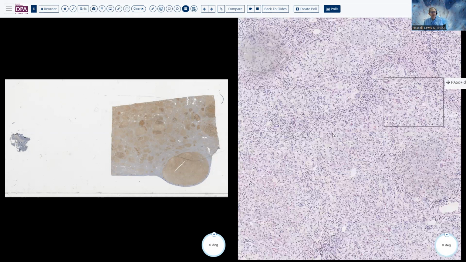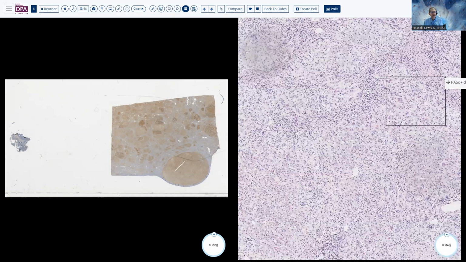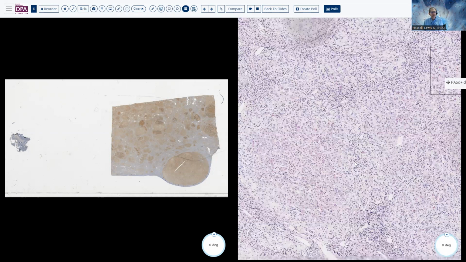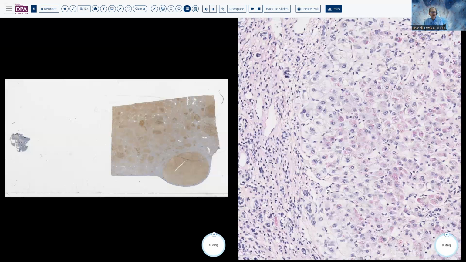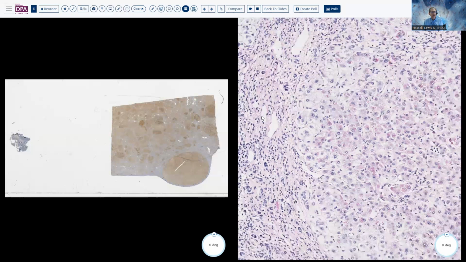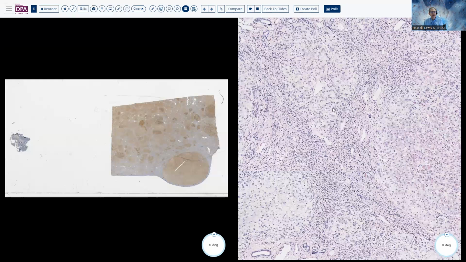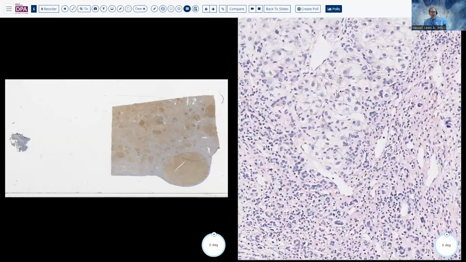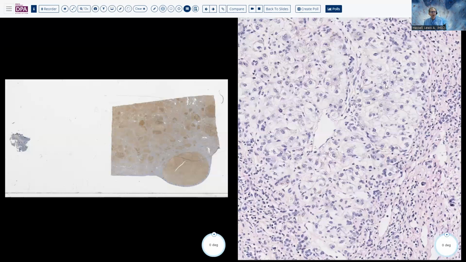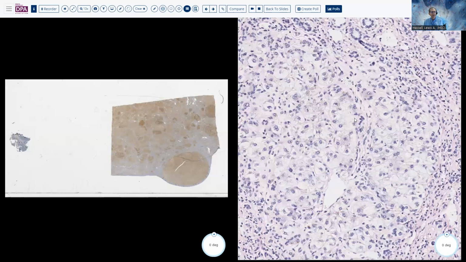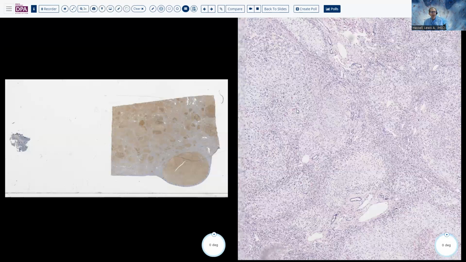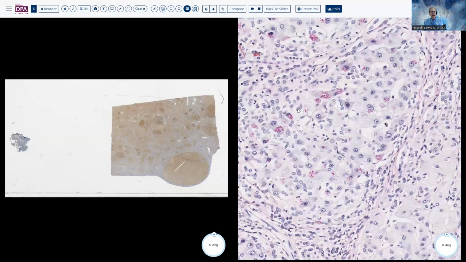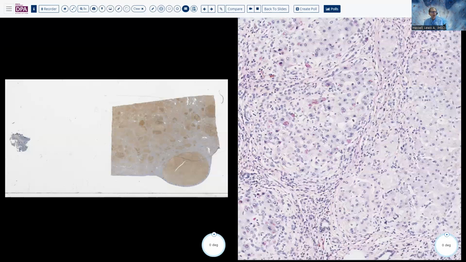Here you see them kind of throughout the lobule. It's not perhaps the most characteristic finding, but most commonly they're here in zone 1, just adjacent to the portal areas. And certainly in a more normal patient, that's where you'd find them. But there are lobules where you don't find them. So if you have a regenerative process, you may have lost that capability or not be retaining that product.